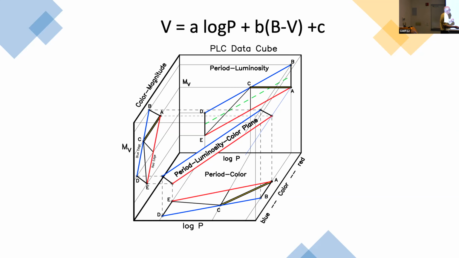The projection of that plane onto various surfaces, either in a period-luminosity relationship or color-magnitude relationship, has certain privileges and worth, to the point that the period-luminosity relation actually has a name for the Cepheids. It's the Leavitt law. That's the diagram you think of when you project the PLC into that plane. This is the Hertzsprung-Russell diagram for the instability strip, and you think of it when it's projected in that. But these are all projections of this one fundamental equation.